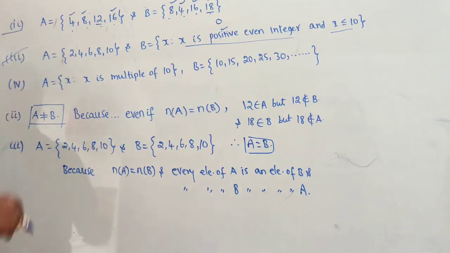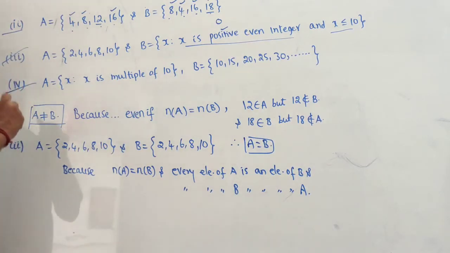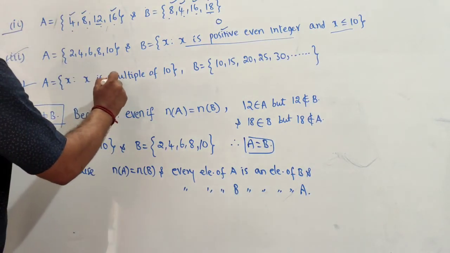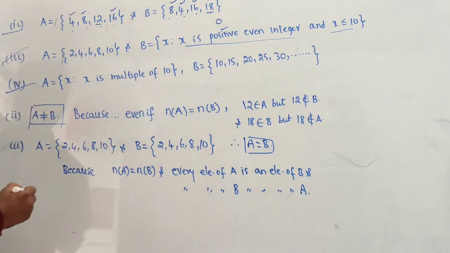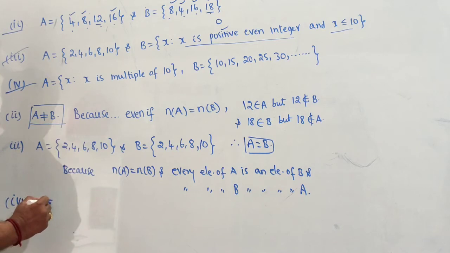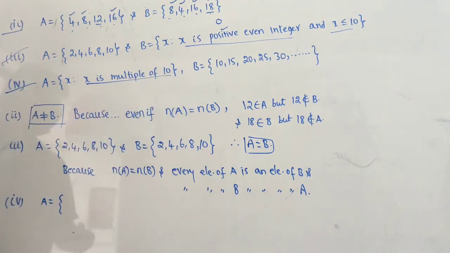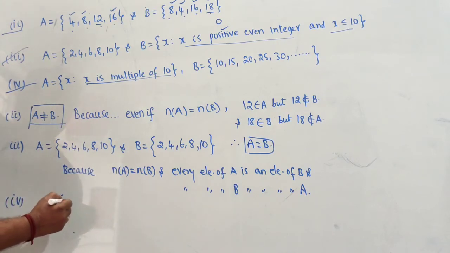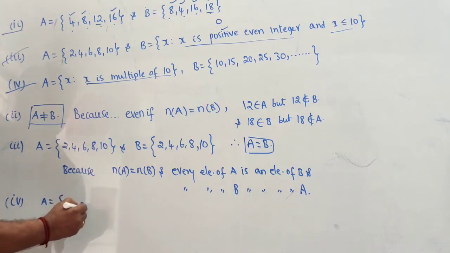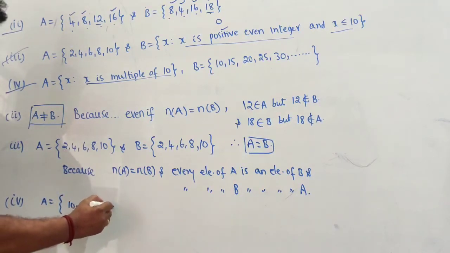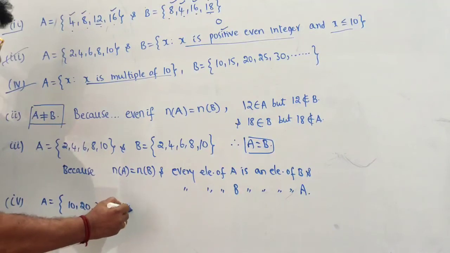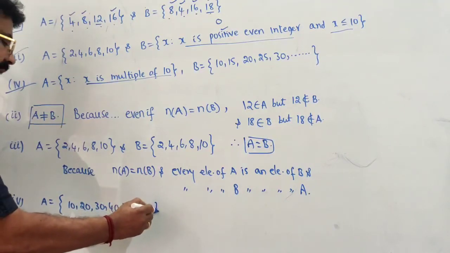Next, fourth one. Capital A is equal to the set of x such that x is a multiple of 10. Multiples of 10 means we can start with 10, 20, 30, 40, 50, like that.